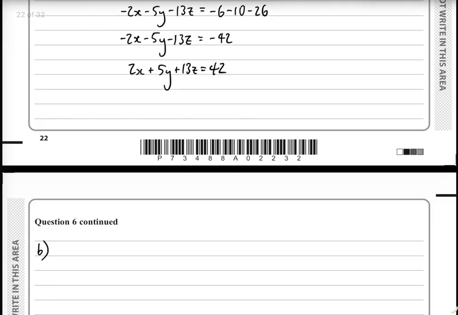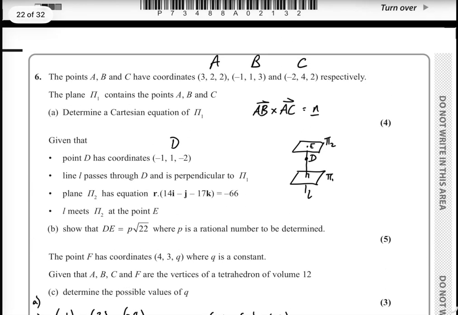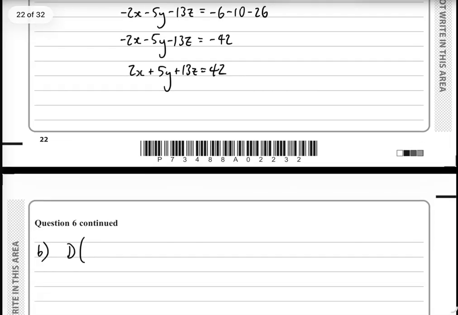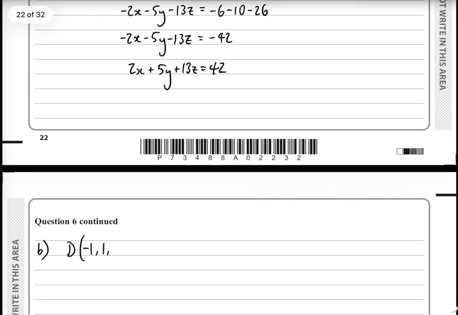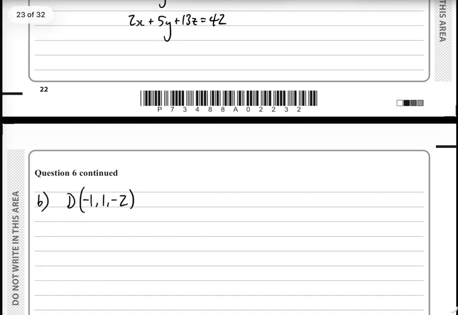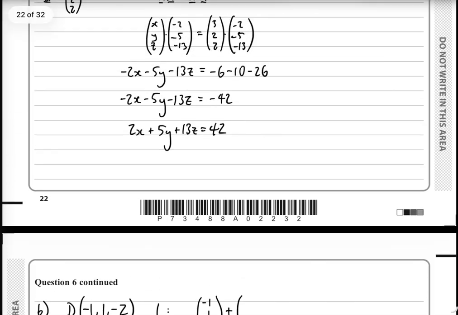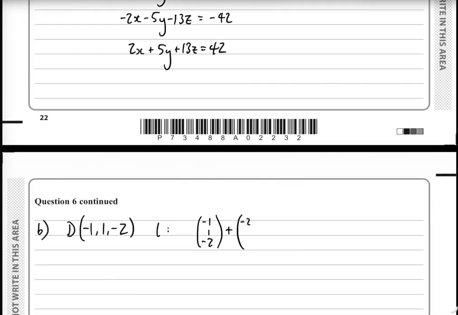So for part B, I've got D, what's D? Minus 1, 1, minus 2. So the line L is minus 1, 1, minus 2, plus the direction vector, which is the normal minus 2, minus 5, 13, with a parameter, let's say t.